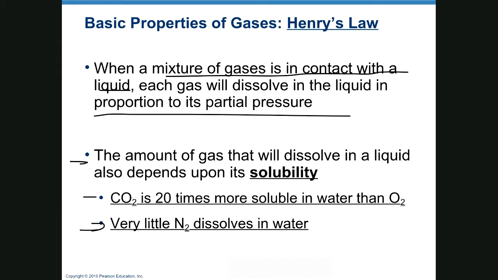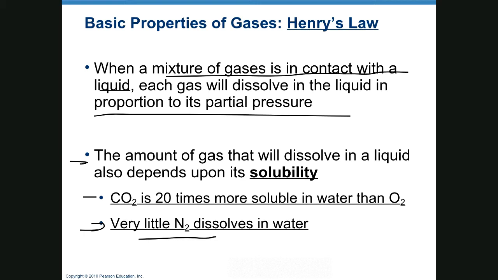This does happen if one goes under the ocean and is under very high pressure, and they'll get dissolved nitrogen in their blood, and that's why they have to come up very slowly from the water, because as they come up out from under the ocean, the nitrogen starts coming out of solution.